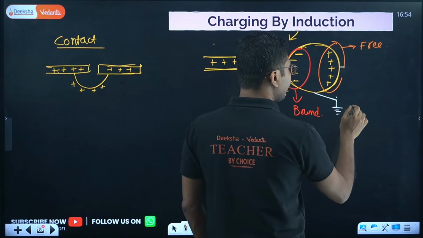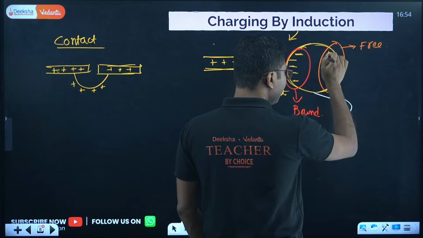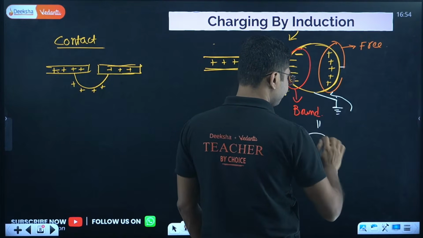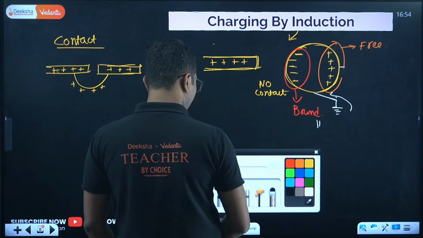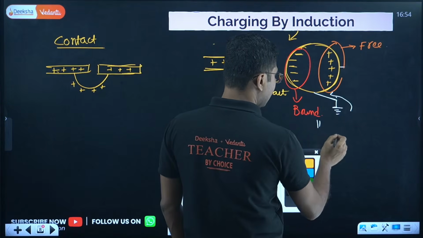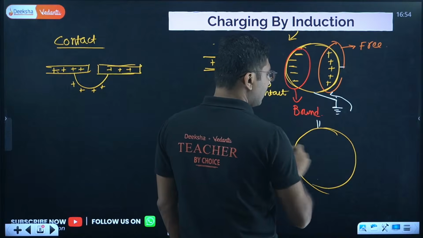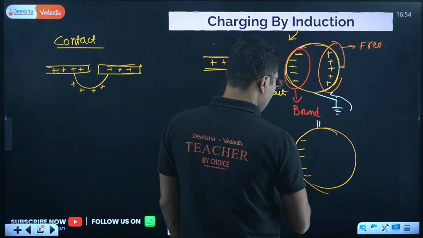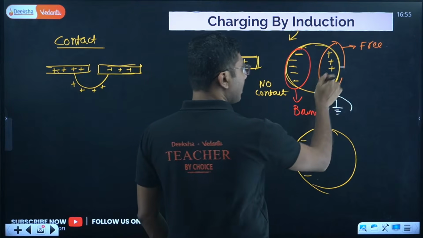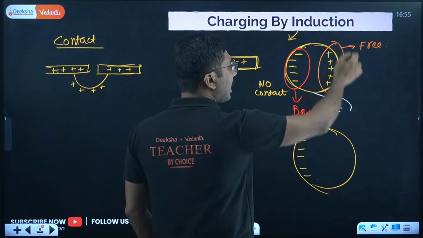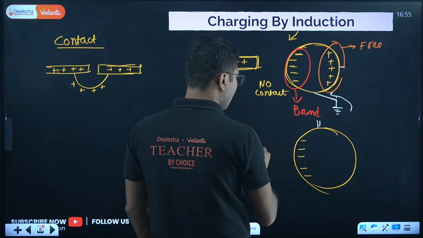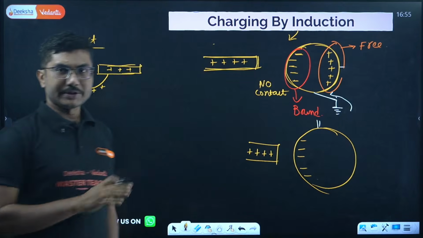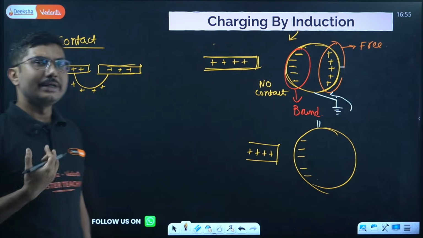Some electrons will flow from the ground and they neutralize the positive free charges. They are not doing anything to the bound charges, because bound charges cannot move. So the bound charges will remain as they are, and the free charge will disappear.